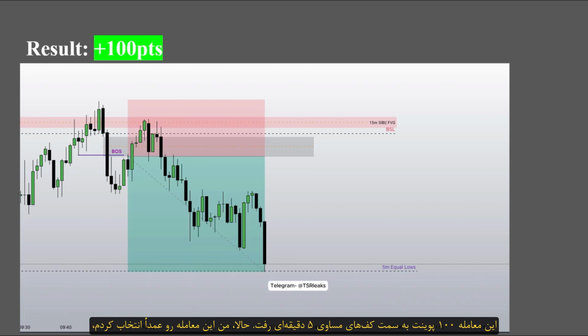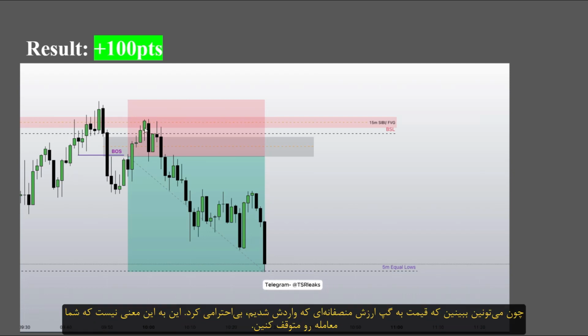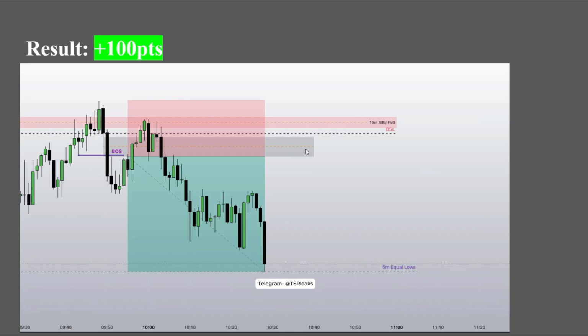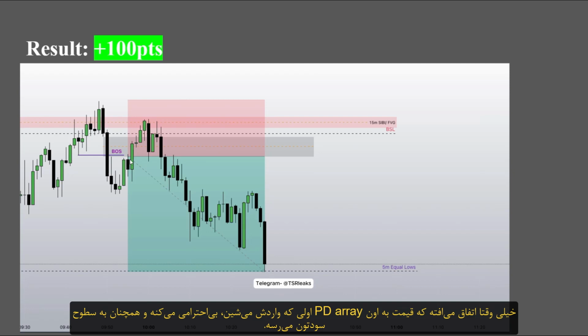Now, I chose this trade purposefully because you can see that price disrespected the fair value gap we entered upon. That does not mean you collapse the trade. Many times it happens where price will disrespect that initial PD array you enter upon and still head to your take profit levels.